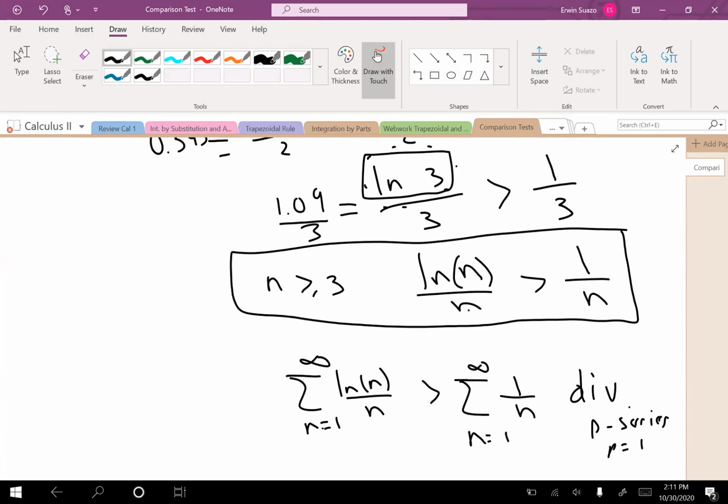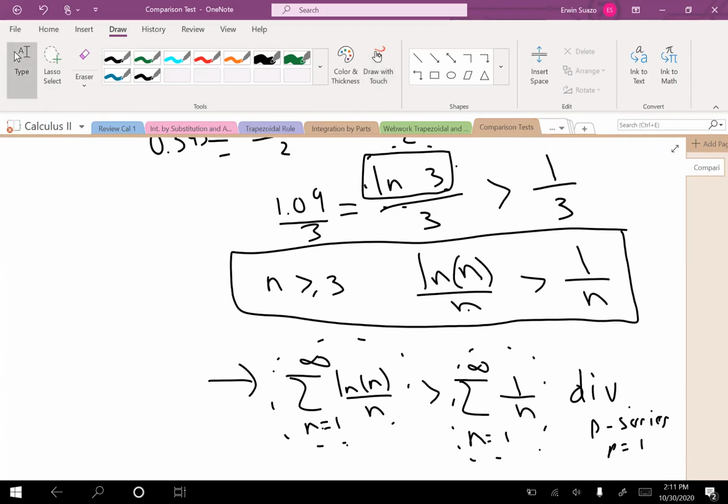Since this one is divergent, and this series is bigger than a divergent series, is this series divergent or convergent? Divergent. It's divergent by the comparison test.